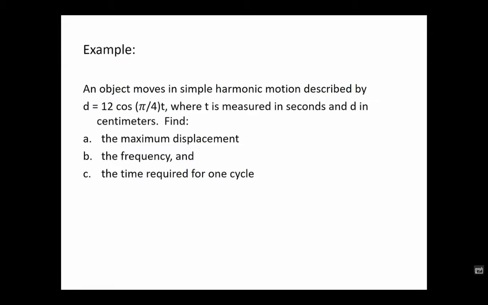We have d is equal to 12 times the cosine of pi over 4 t, where a, the amplitude, is 12. Therefore, the maximum displacement from the rest position is the amplitude. And because the amplitude is 12, the maximum displacement is 12 centimeters. That's part A.